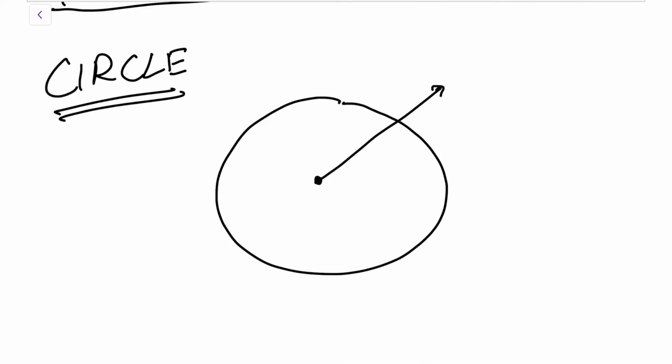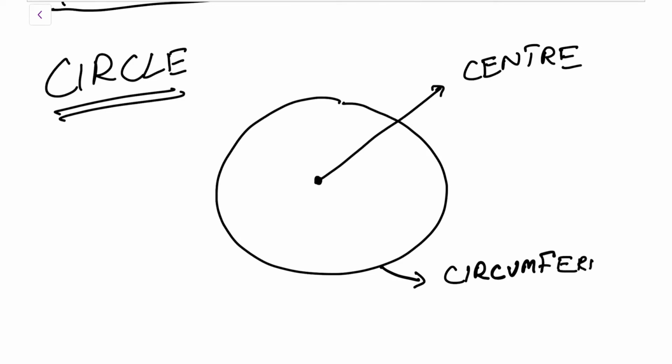This is called the center. Now the outer curved line is called the circumference. The length of the outer boundary of a circle is called circumference.